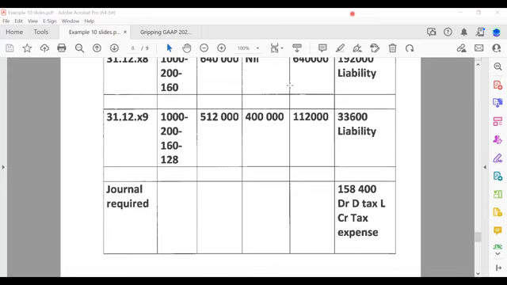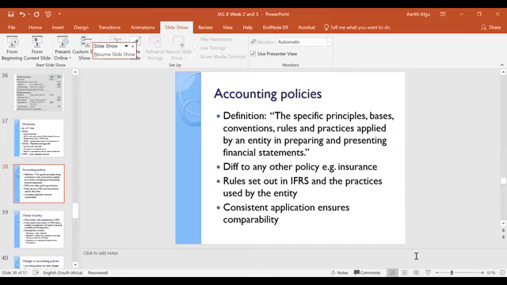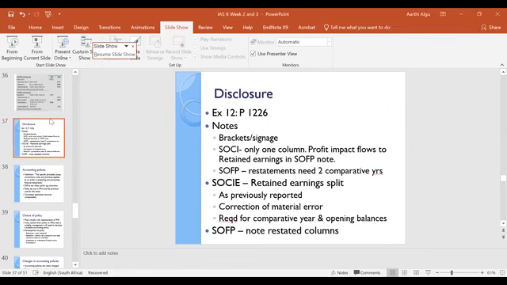Okay, we then move on to my last slide, and I want you to turn to example 12 in your textbook. Example 12 is the same example as 10A. I just want to highlight for you what you need to look out for in example 12.